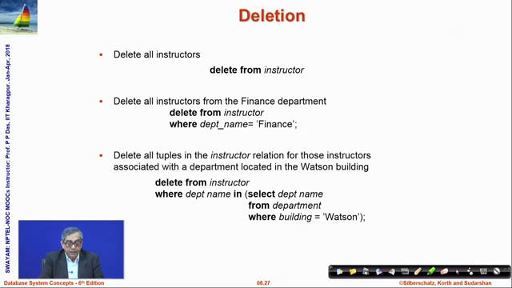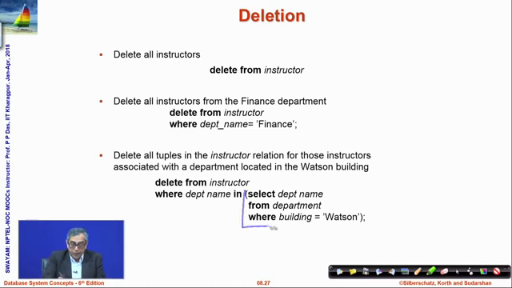The third example shows deleting all tuples in the instructor relation for those instructors associated with departments located in the Watson building. A Watson building may have multiple departments. So, all instructors who work in those departments located in the Watson building, you remove.